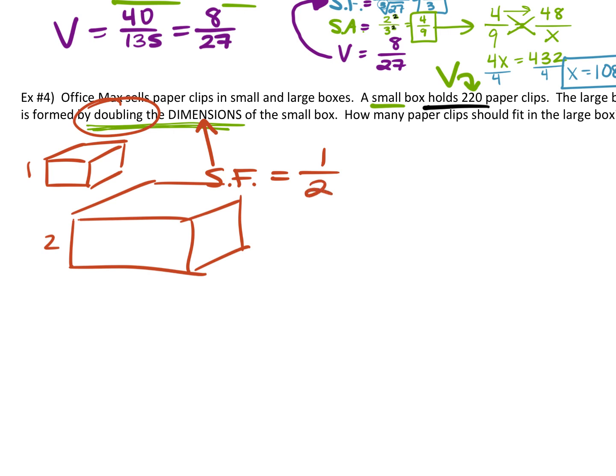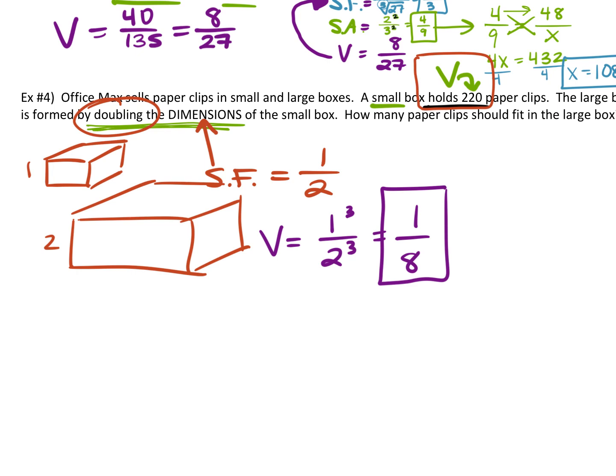Okay? So if I have a scale factor of 1 to 2, but I just said I know a volume, what do I have to do to that? You got to cube it, right? 1 cubed over 2 cubed is 1 over 8. So this is your volume ratio. You're going to take that and set it up as a proportion.